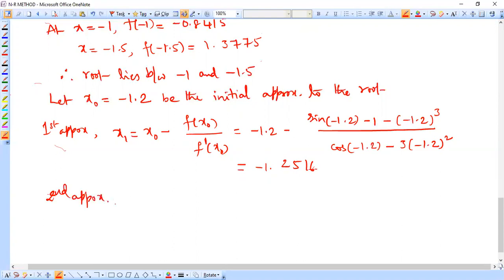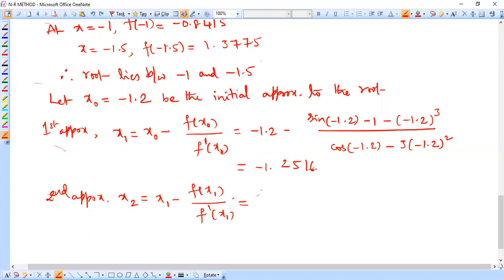So what is the formula for the second approximation? X2 is equal to x1 minus f of x1 by f dash of x1. Okay, already you know the formula, already the function is available, and the previous approximation is present in the previous step, isn't it?